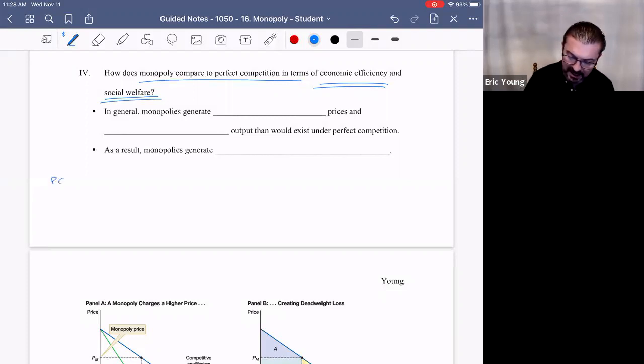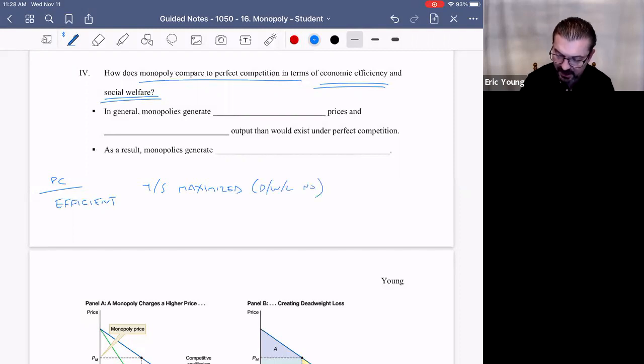I want to make sure that we recap that when we did PC, we had said that PC was efficient. You might recall that we looked at PC at long run equilibrium, and we determined that total surplus was maximized. In other words, there was no dead weight loss. We also said that allocative efficiency was achieved, and that productive efficiency was achieved.